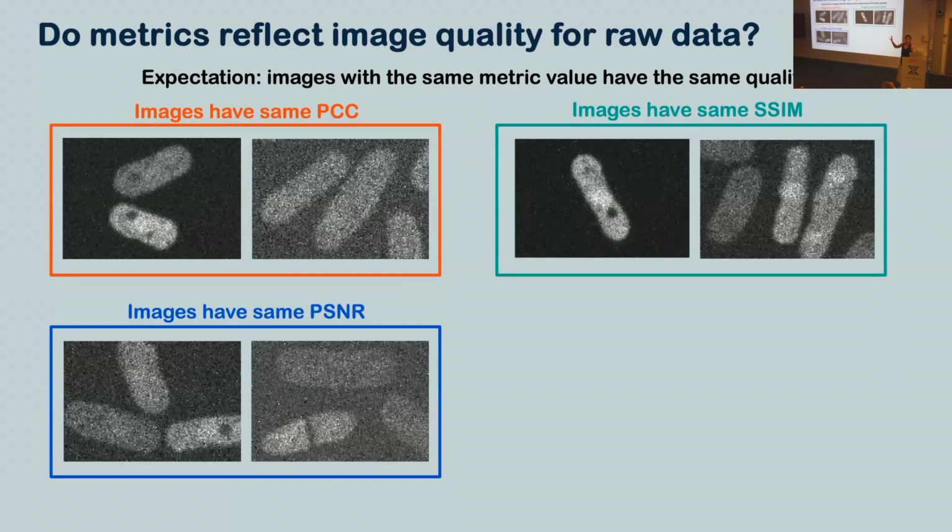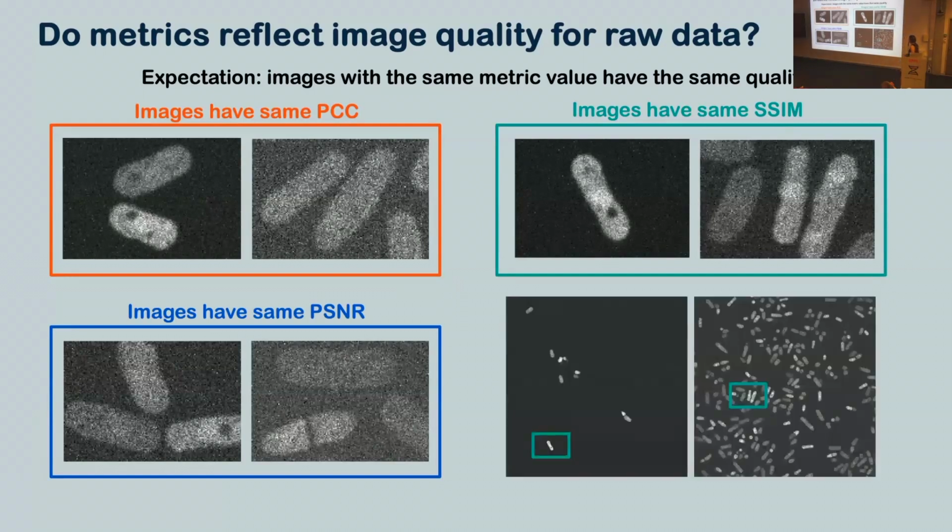And why is it not being matched? Remember I said sparsity is a big difference between fluorescence microscopy data and natural scene images. These are the whole images from our SSIM crops, and you can see one is much sparser than the other. In this case, even though it was worse, this SSIM metric scored this denser image as better than our sparse image.